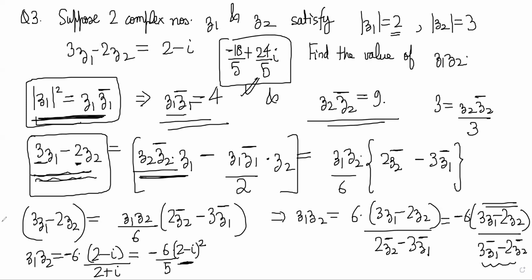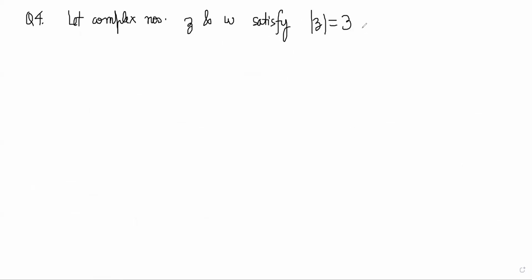Let's look at another problem. Question number 4. Let complex numbers z and w satisfy mod z equals 3 and (z plus w conjugate) multiplied by (z conjugate minus w) is equal to 7 plus 4i.